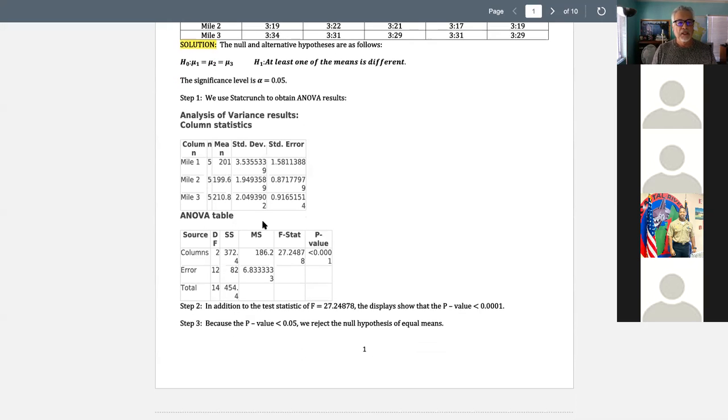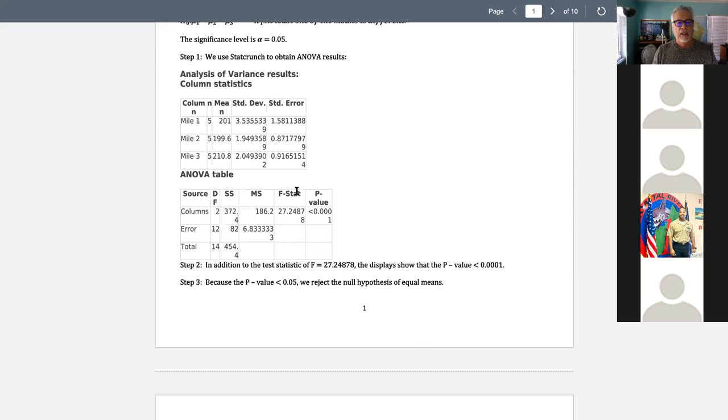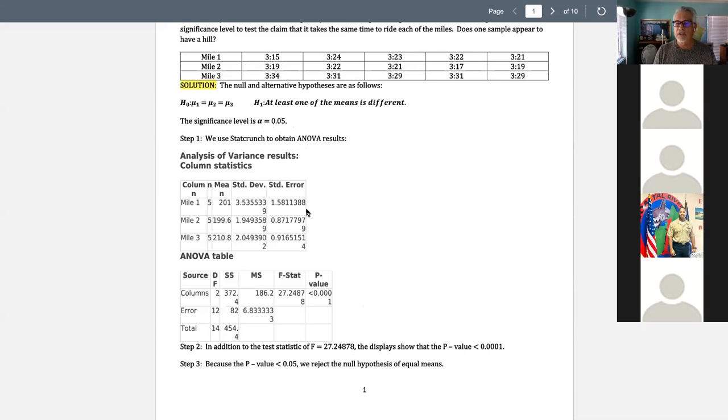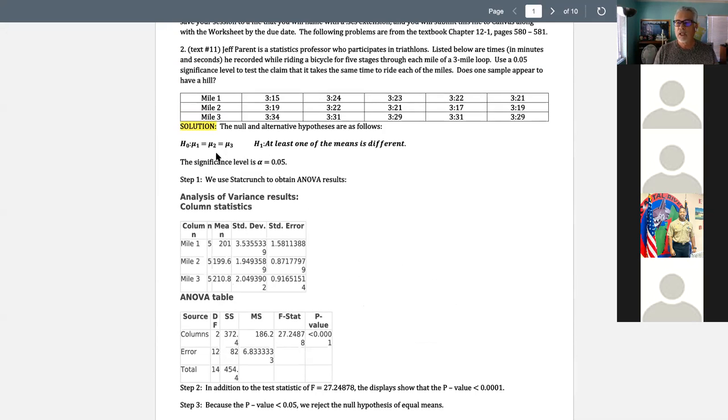So we come down to the next table here, and in this fifth column we see the F statistic. And along with the p-value, we will reject or not reject this null hypothesis that they're equal against the alternative that they're not equal.